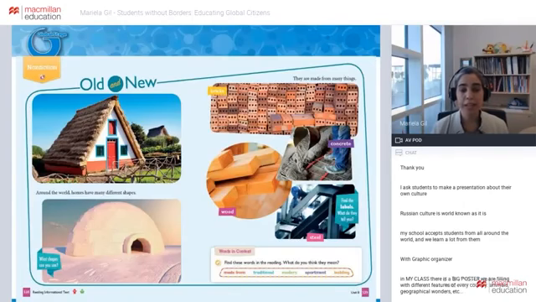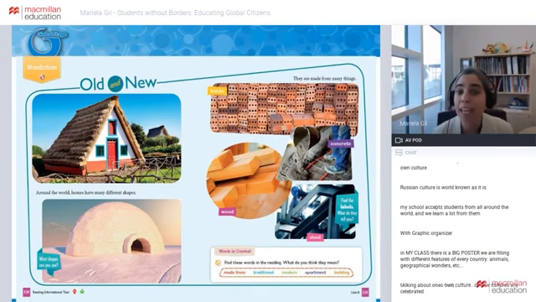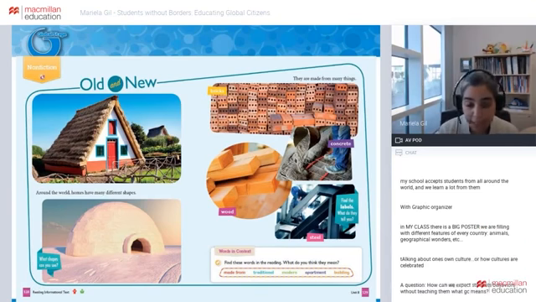So here we're reading this text called Old and New. It's a nonfiction text, and it teaches us about different houses and how they're constructed. Around the world, homes have different shapes. We're recycling shapes, we're reviewing shapes. What shapes can you see? They are made from many things.